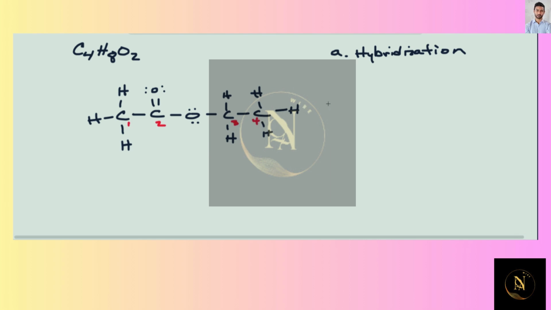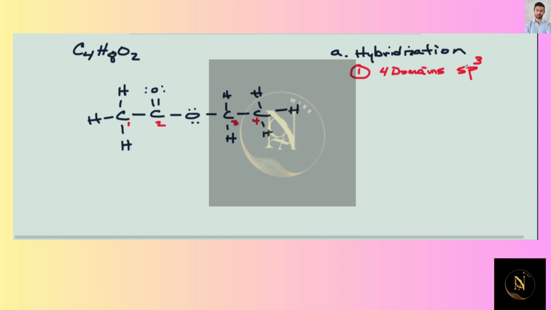Okay, so for carbon 1, you can see that there are 4 different places where we have bonds. And so the 4 domains gives us an sp3 hybridization.